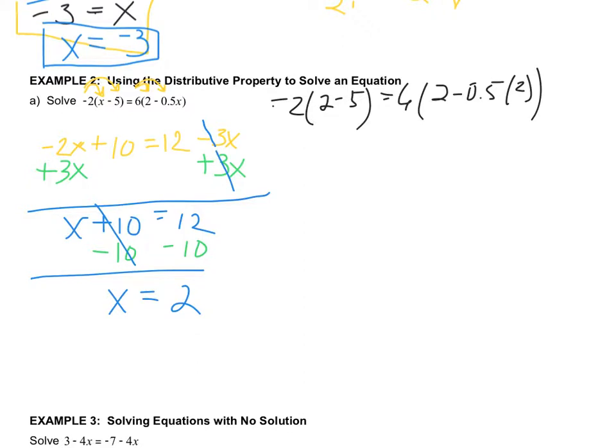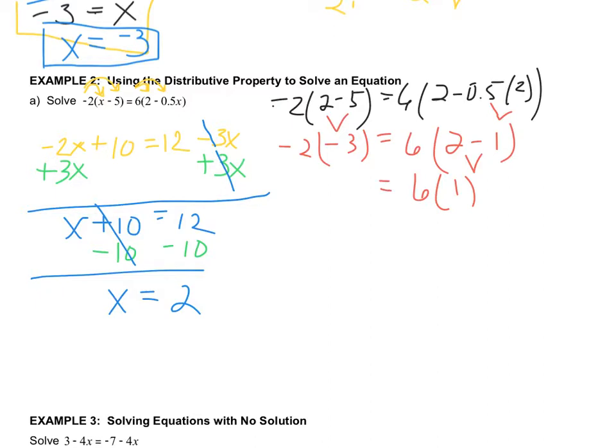And again, now I'm switching into GEMDAS mode. So I'm going to take care of the groupings first this time. So inside my groupings, I get negative 3. Inside this grouping on the right side, I first get 2 minus 1. The 6 and the negative 2 just come down. I would stay inside the grouping to get 6 times 1.